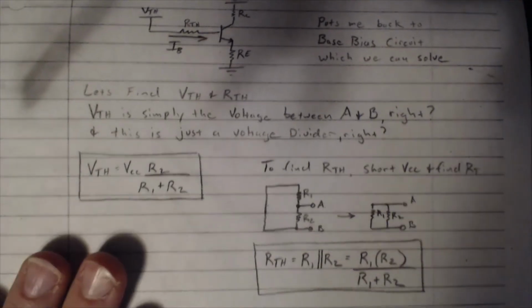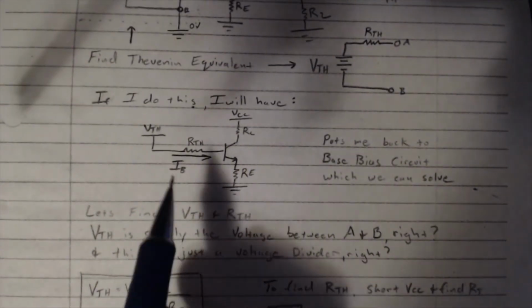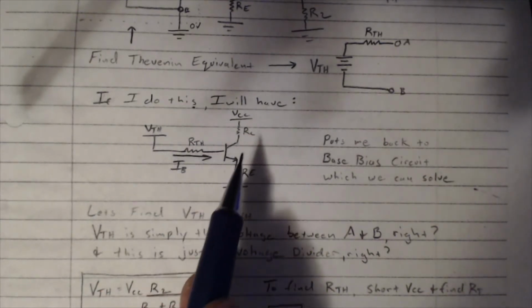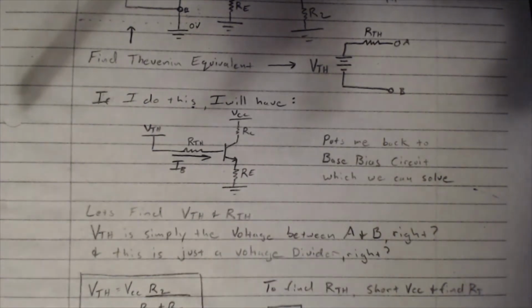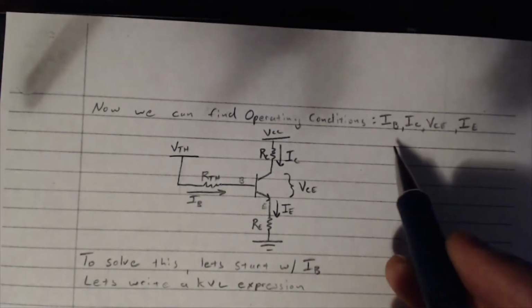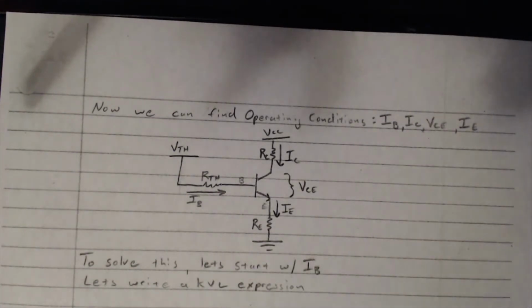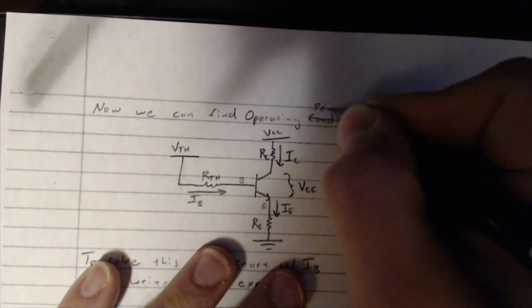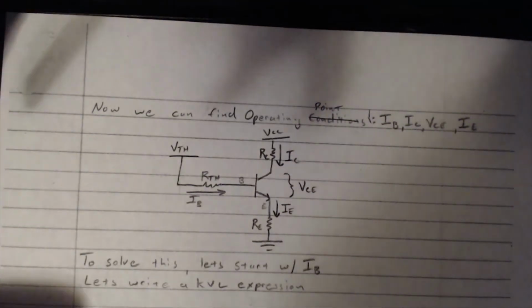Now for this circuit, we know how to find VTH, we know how to find RTH, and RC and RE stay the same. Now keep in mind the goal here is we want to find out our operating point. I don't know why this says conditions. Operating point or operating parameters.